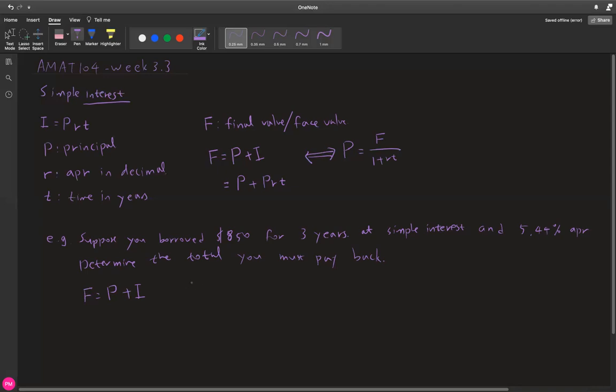The principal in this case is $850. And APR in this case is 5.44%, so in decimal, it has to be 0.0544. And we also borrow this money for a 3-year term.